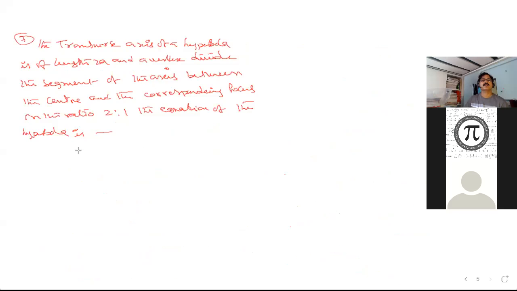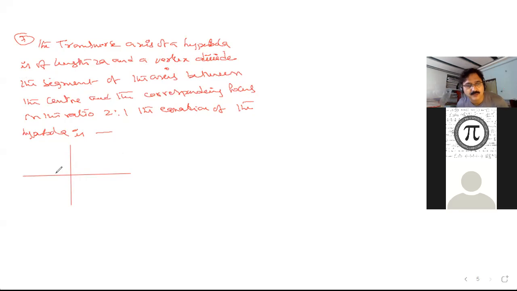You see here, for this question we need to draw the diagram. What he said in the question: the transverse axis of the hyperbola is of length 2a and a vertex divides the segment of the axis between the center and the corresponding focus in the ratio 2:1.